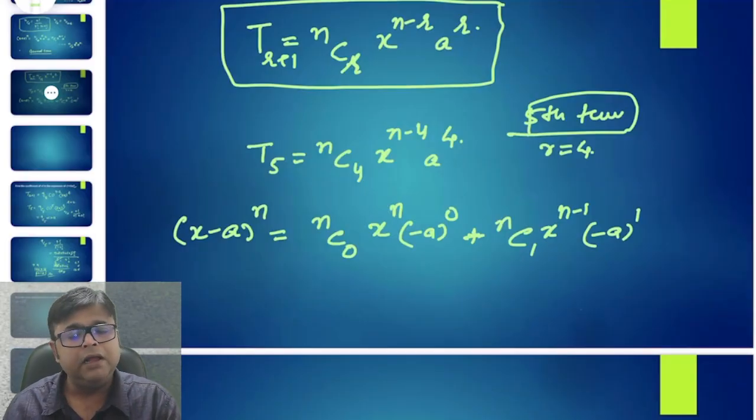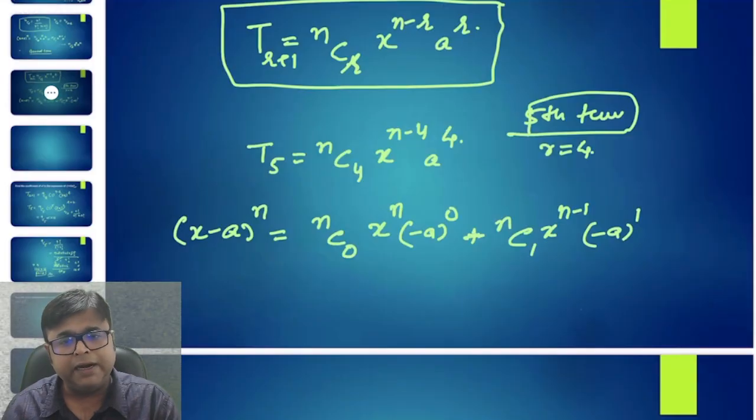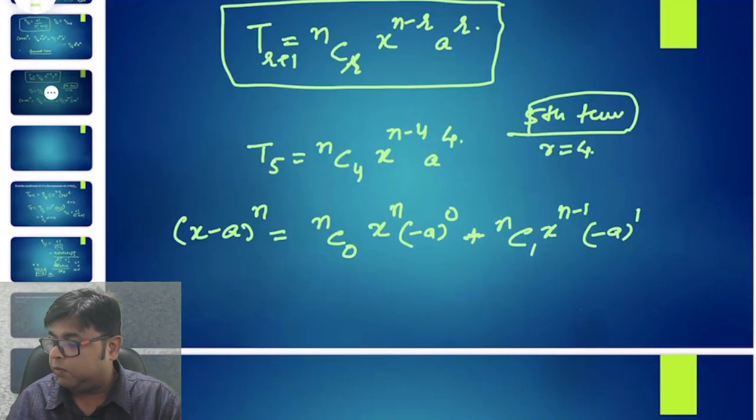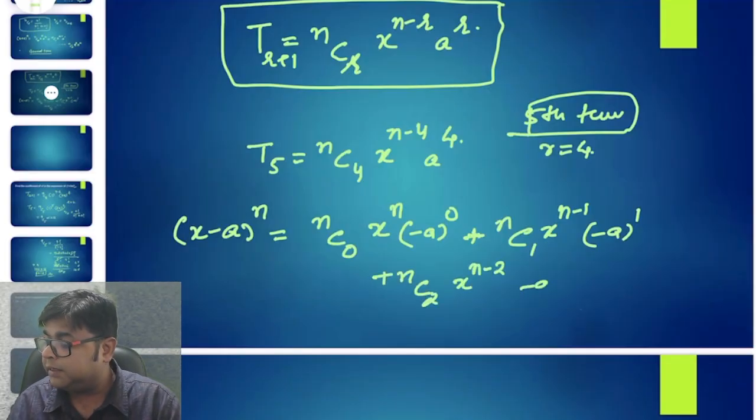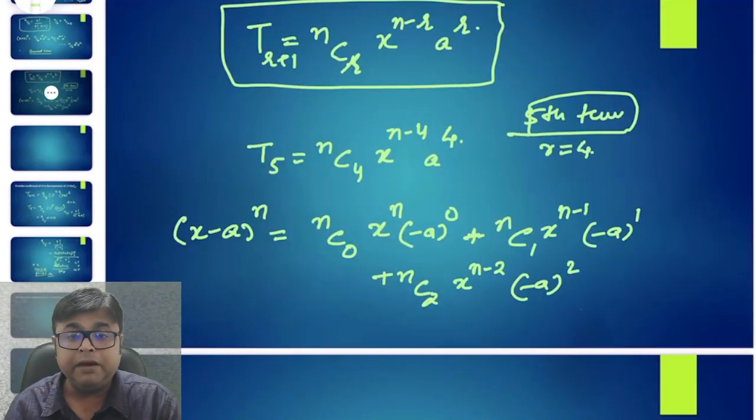So alternately you will get positive, negative, and so on, depending on what n is, right? So next term will be nC2 x to the power n minus 2, minus a to the power 2. Now this will again become positive, and so on and so forth.